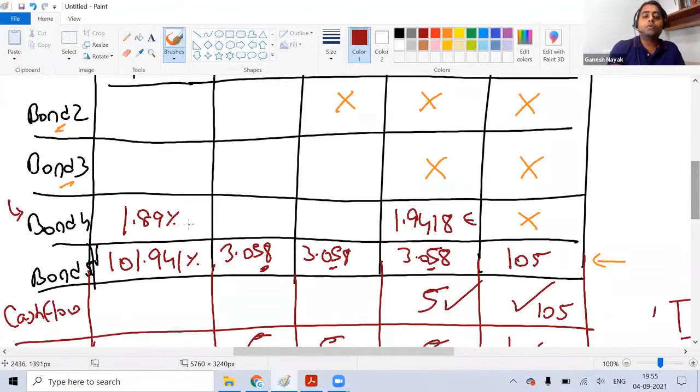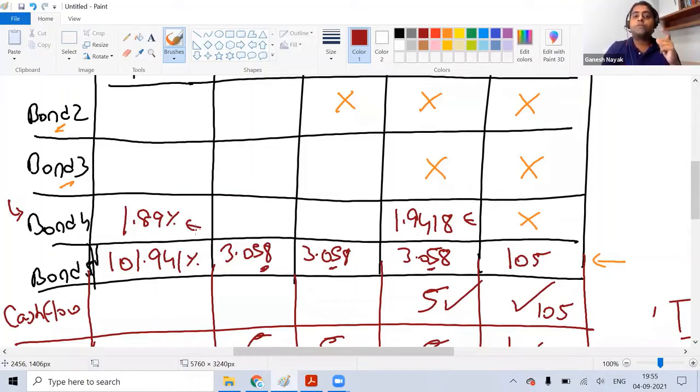Now, the moment you got this bond as 1.89%, you're not purchasing the entire bond. You're only taking 1.89%. So whatever was the cash flow that this bond was going to give you at time 0.5, at time 1 year, what was the normal cash flow? It was 2.5.